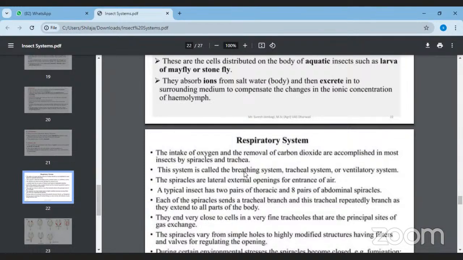We describe how the closing and opening movements of the spiracles are associated with the muscles. Some insects have a sieve plate-like structure near the spiracle, which saves them from dust entering the spiracles.